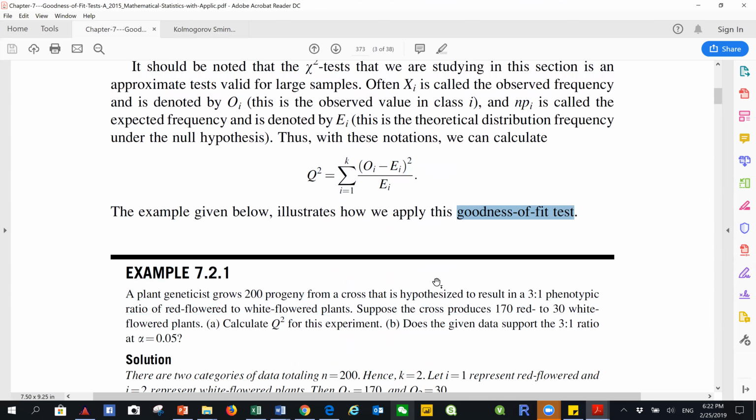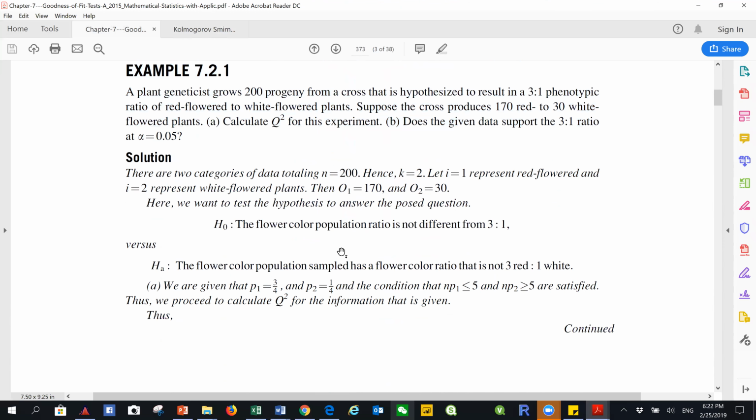In other words, as explained previously, you are not just comparing the means. You are comparing multiple values, and they are in pairs.